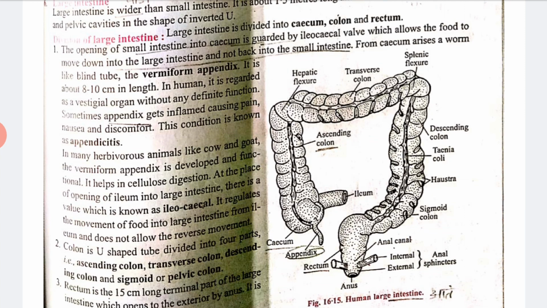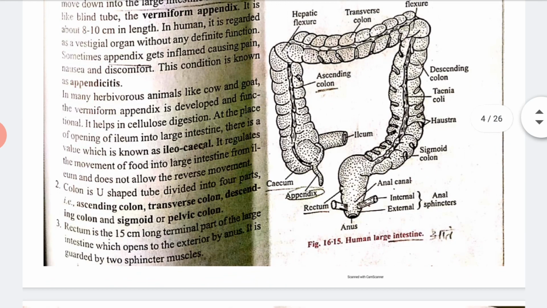It regulates the movement of food into the large intestine from the ileum and does not allow reverse movement. Clear? Now the colon is a U-shaped tube, divided into four parts: ascending colon, transverse colon, descending colon and sigmoid, or the pelvic colon.